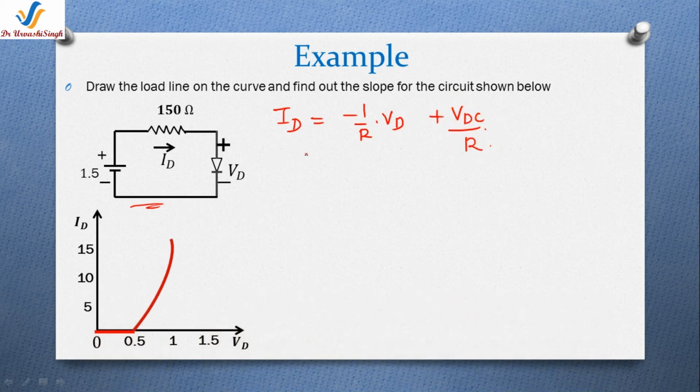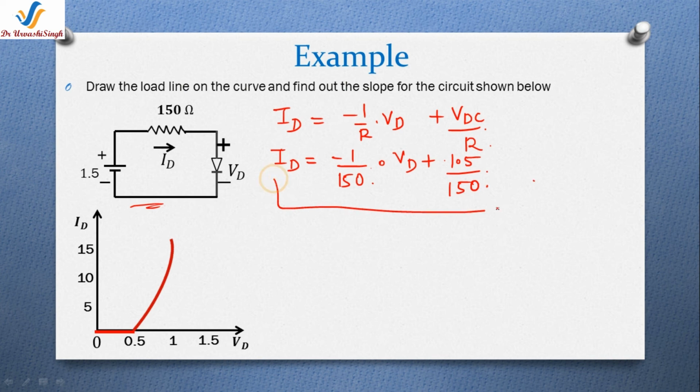So here ID equals minus 1 upon 150 times Vd plus VDC upon R, where VDC is 1.5 and the resistance is 150. So from this equation we have the slope of the line, that is minus 1 upon 150.